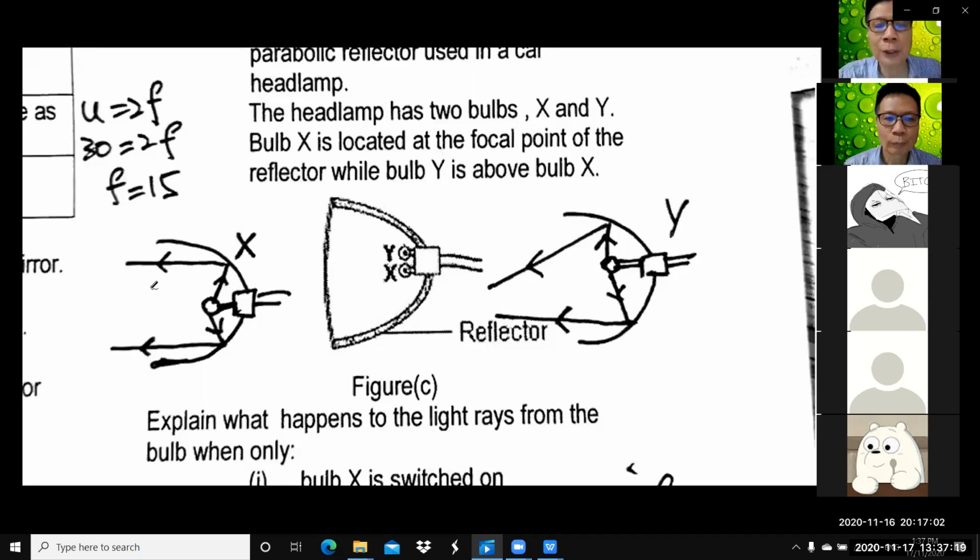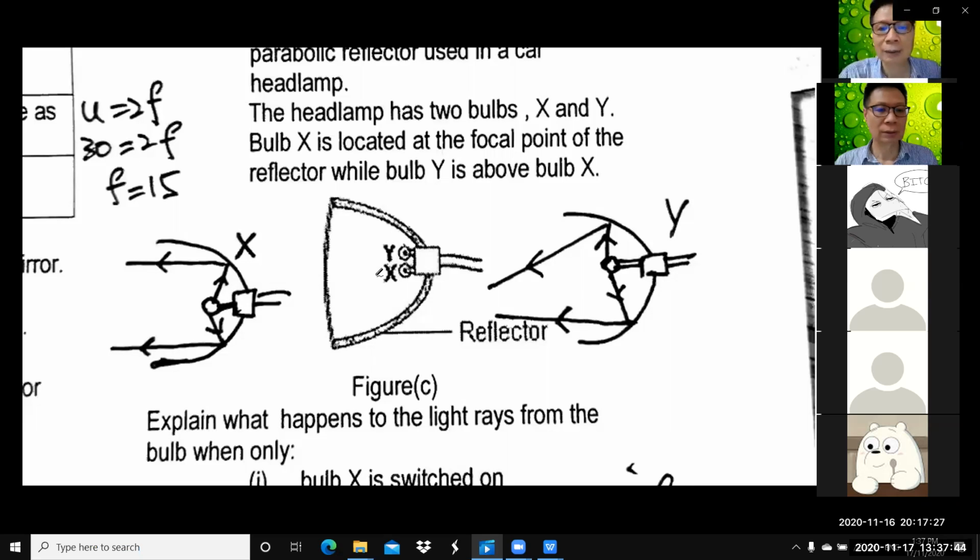It is very dangerous, but if you are traveling alone in the midnight or early in the morning, with no car from the opposite side, then you can switch on this light. It's very clear, very bright. Whereas when you switch on the other bulb, you cannot switch on two bulbs at the same time. For your knowledge, you can only switch on one at one time.